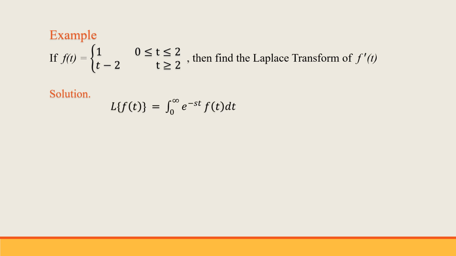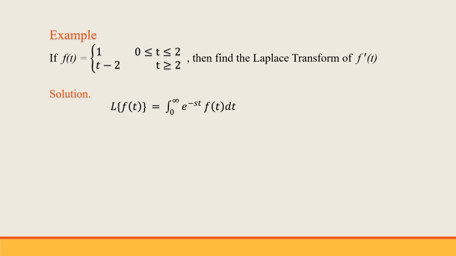Laplace transform of ft is the integral from 0 to infinity of e raised to the power minus st into ft dt. Now our function is defined in two parts, from 0 to 2 and from 2 to infinity. So we need to apply the Laplace transform to each part in separate limits.